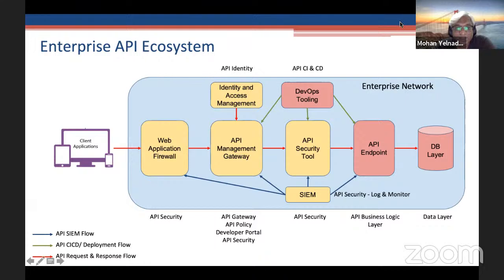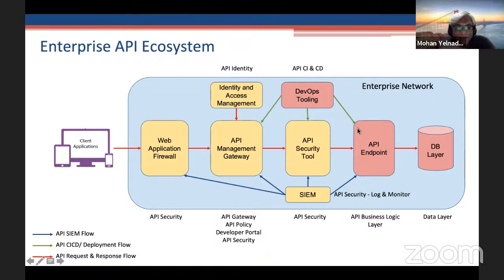At the API security level, in case something is not correct, either the request itself is malformed or some malicious data is being pushed through a request, the API security tool stops the traffic at that point and gives an error message, based on the configuration done at the API security tool level.